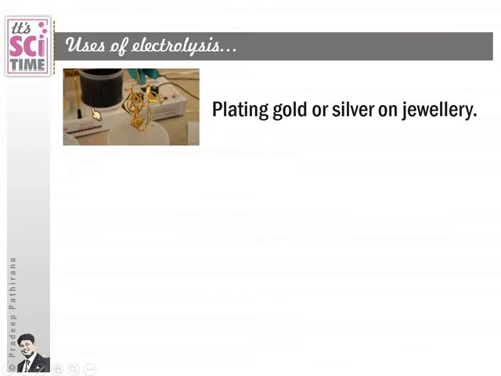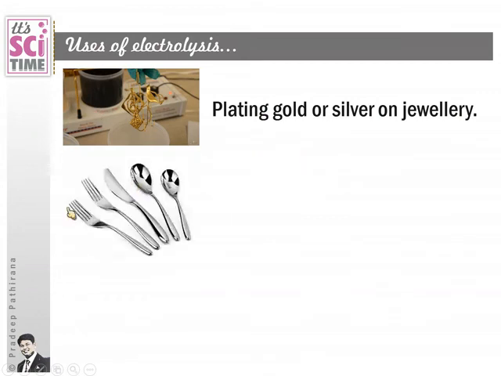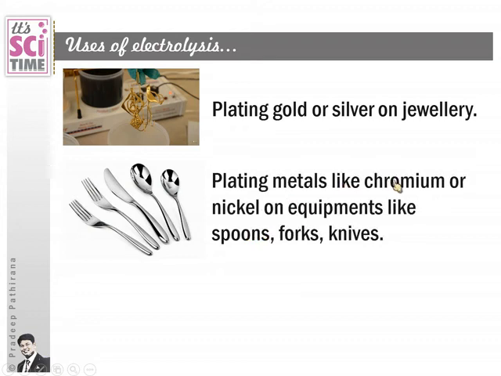Using electricity we can plate gold over these jewelries. Number two, we have seen nickel or chromium plated cutlery. Normally they are made of iron or steel, and we plate nickel or chromium on equipment like spoons, forks or knives using electrolysis.